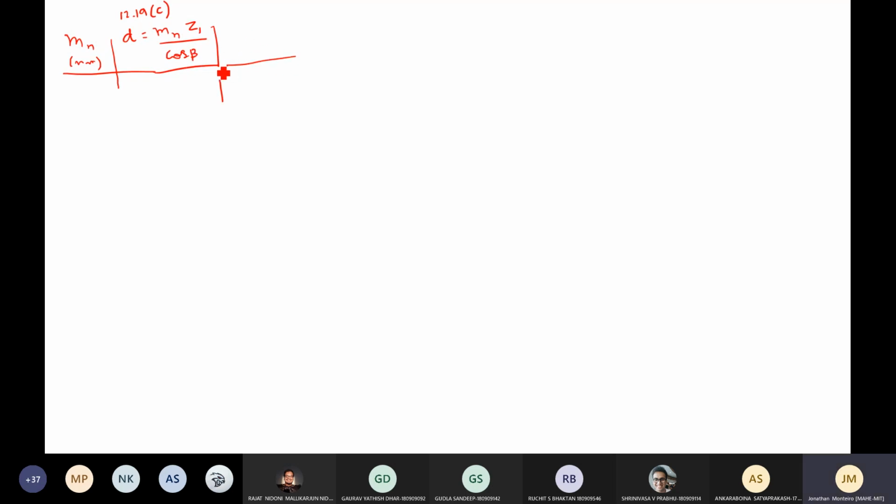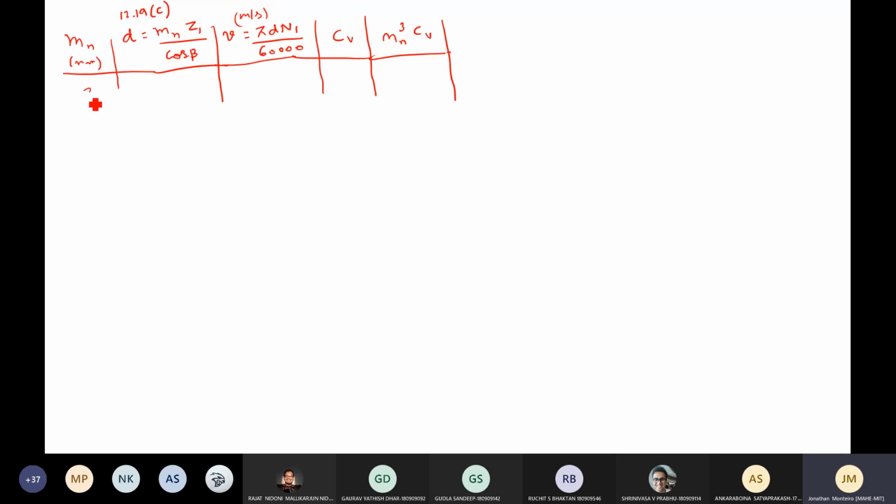Let us continue. Then what is V? V is equal to pi D N1 by 60,000. Again, you will require this in meters per second. Depending on what meters per second you get, you calculate CV, and then finally M cube CV, and compare it with the required value.